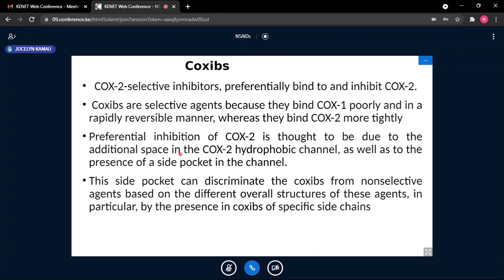We will note that this side pocket within COX-2 is because there is a difference in the amino acid found in COX-1 and COX-2. One has valine, another one has isoleucine. You're going to see that in a minute. The side pocket can discriminate the coxibs from non-selective agents based on the different overall structures of these agents, in particular by the presence in coxibs of a specific side chain.